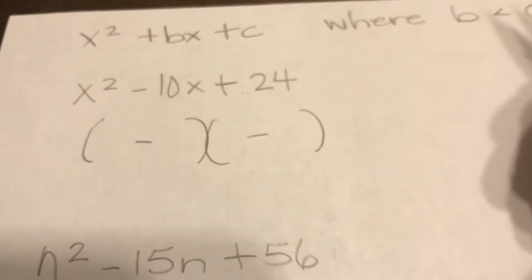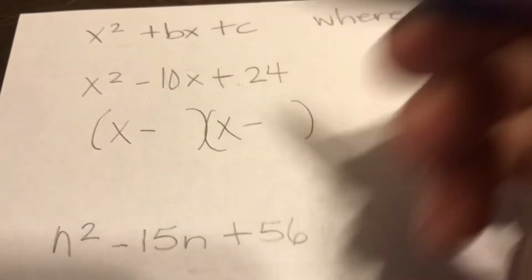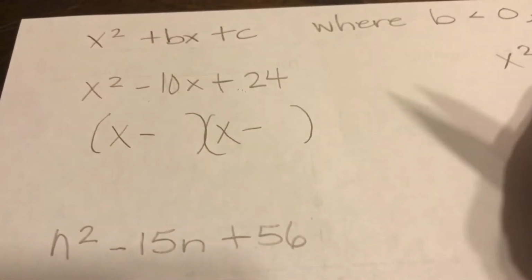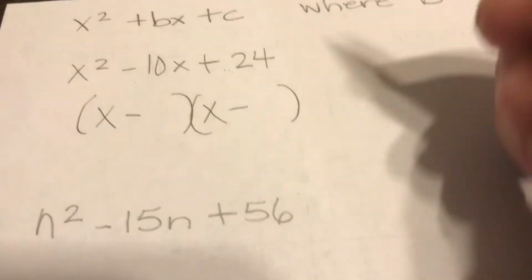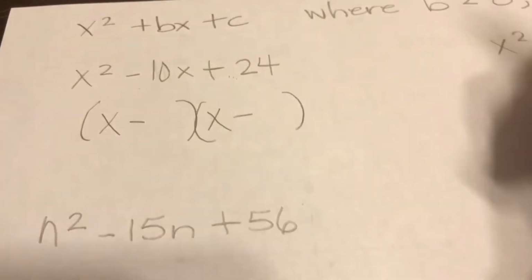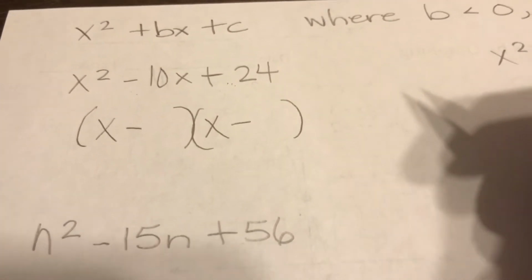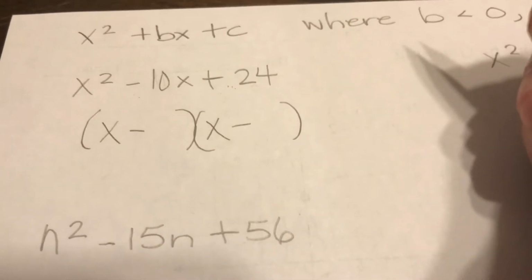And then the way that you work this one is exactly the same. I'd split that x up, so I'd have x and x as my first terms in each binomial. And I'm still going to add these because they're both negative. So I still need the two factors of 24 that add up to be 10.